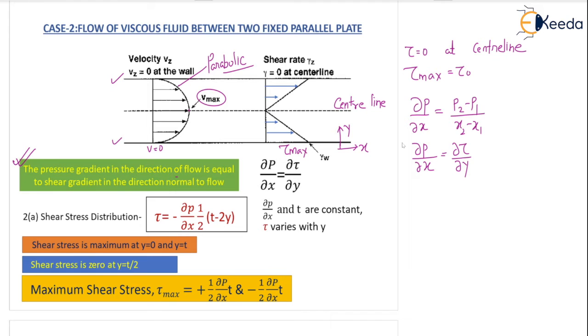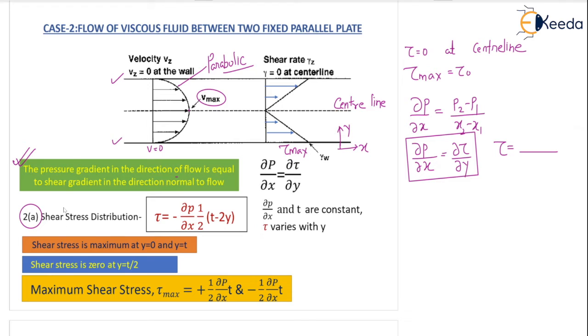This is a very important equation. From this equation we have a big derivation, and from this we can find the expression for shear stress, which is written here. This is the second case, so we are writing 2a.